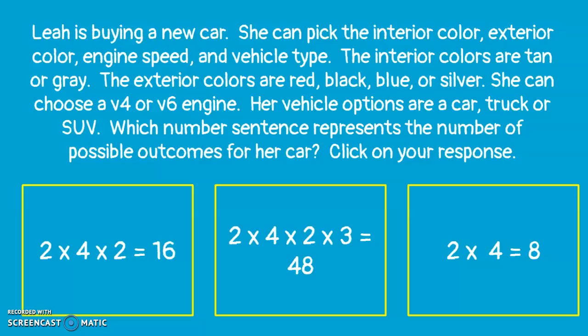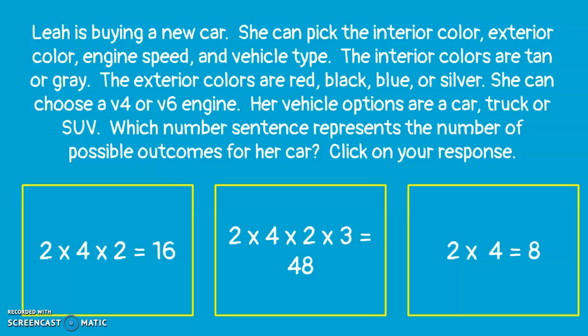Well, within those 4 things, how many options does she have for each? Starting with the interior colors, she has 2 options, tan or gray. For exterior color, she has 4 options, red, black, blue, or silver. For her engine speed, she has V4 or V6 engine. And the kind of vehicle she could buy is a car, truck, or SUV.